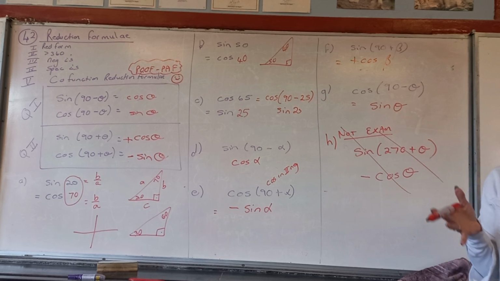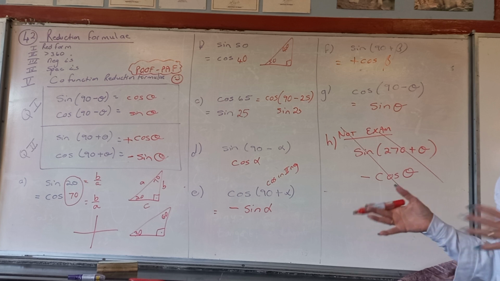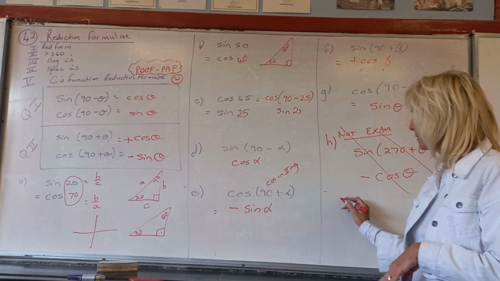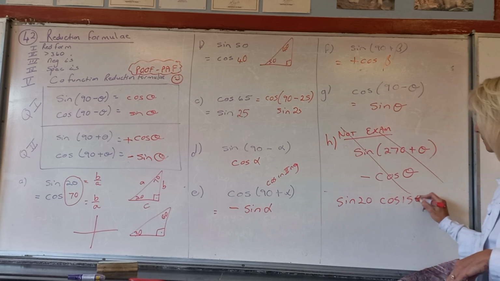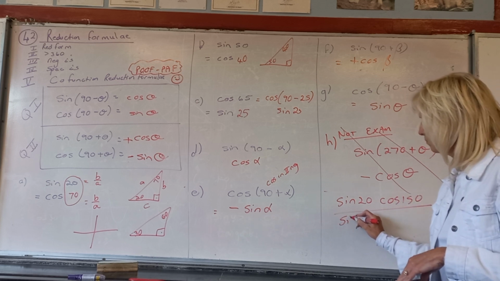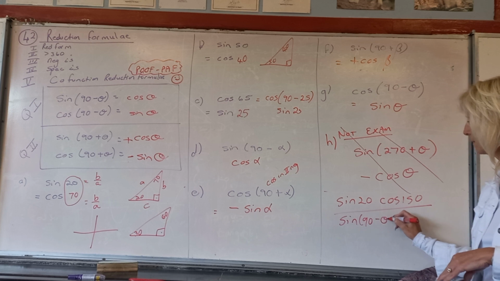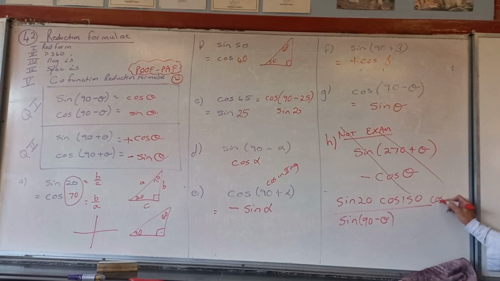So now how am I going to force you to do all of these things? Inside of a sum, there can be something like sin 20, cos 150. This is what we're aiming for.